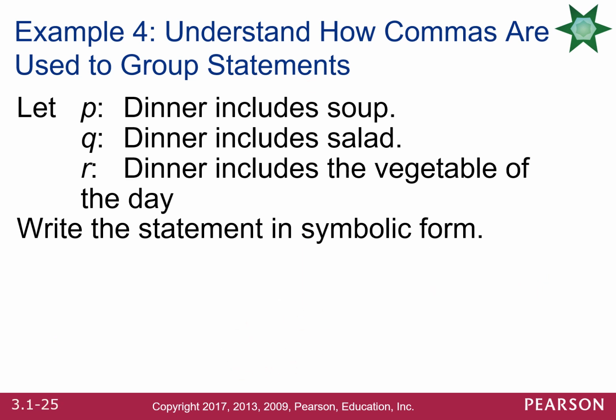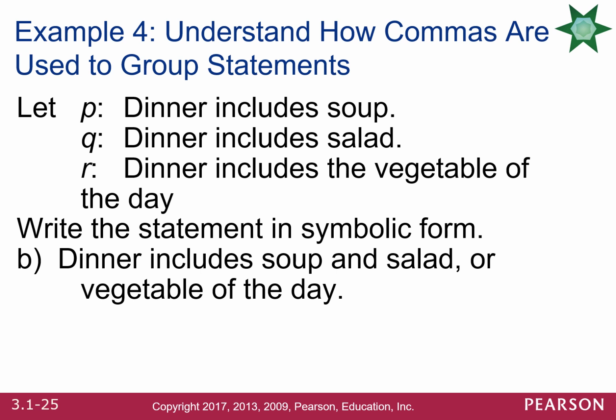All right? Now in the next part of the question, they have the same three ideas, same three thoughts, but they have changed the position of the comma this time. So it says in part B, dinner includes soup and salad, comma, or vegetable of the day. All right, so the two ideas before the comma will be put within brackets.